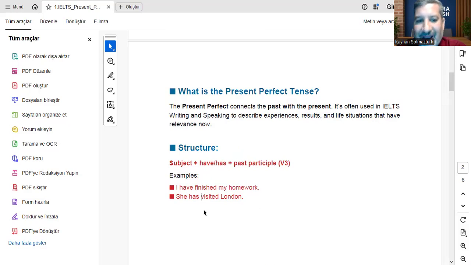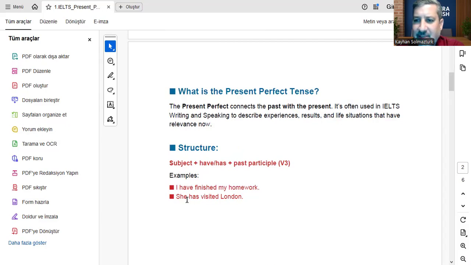So we have, because we is a plural subject, but she has, because she is a singular subject and has is a singular verb. For example, he has.